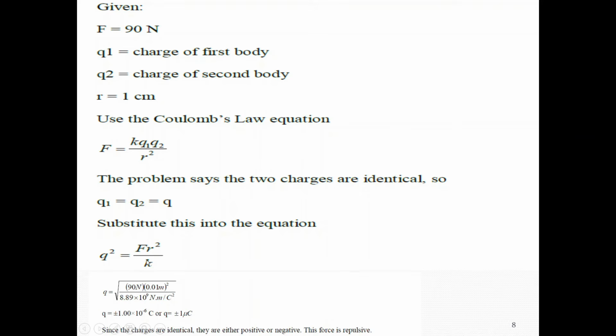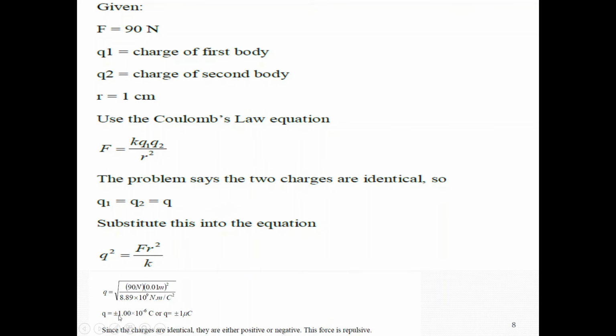Force is 90 Newton. R is 1 centimeter, which when you change it to meters becomes 0.01 meter, squared, and K is approximately 9 times 10 raised to 9 Newton meter square per Coulomb square.